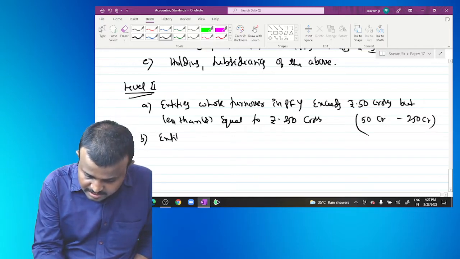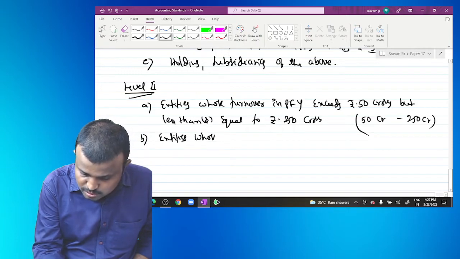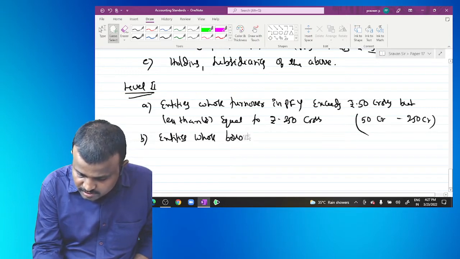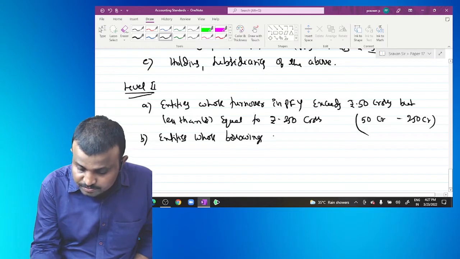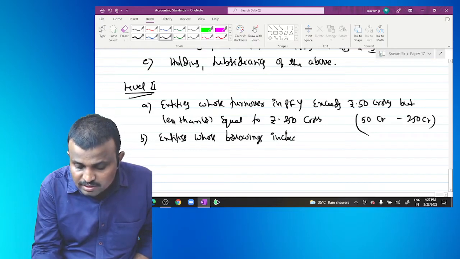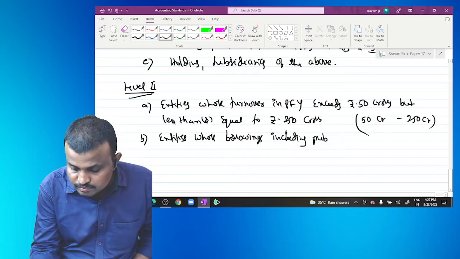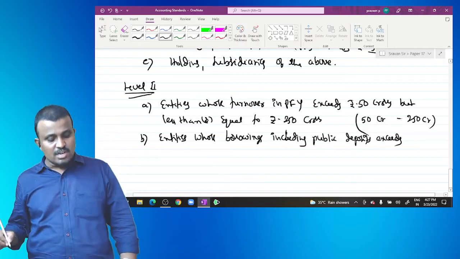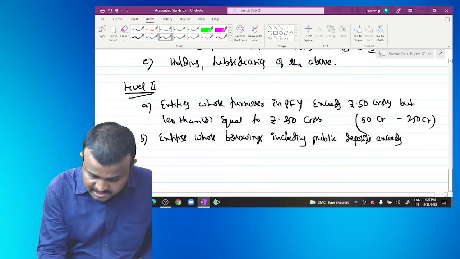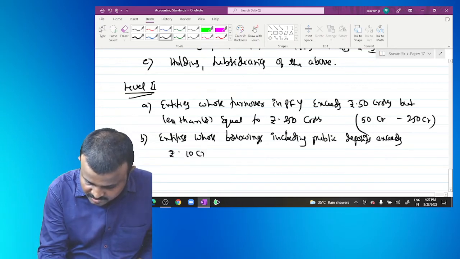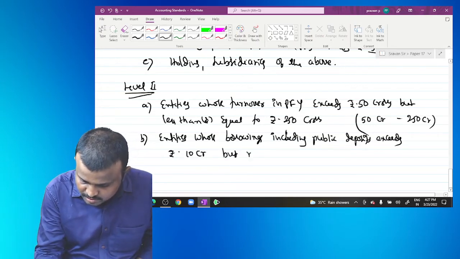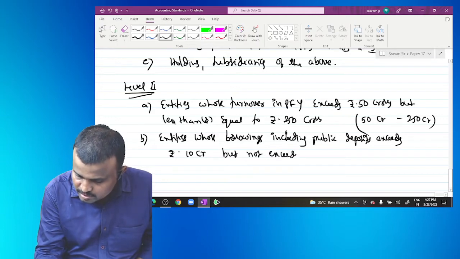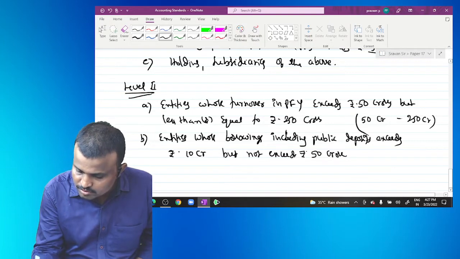And entities whose borrowings, including public deposits, exceed 10 crore but do not exceed 50 crore.